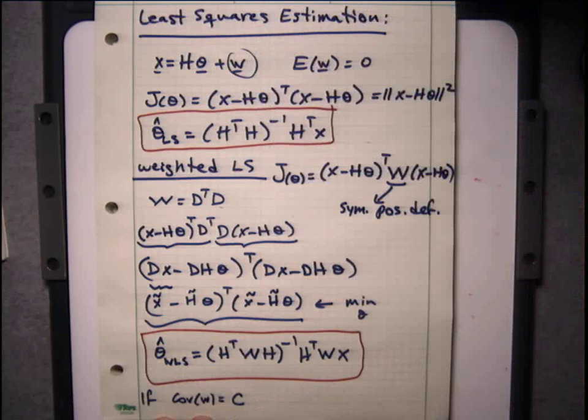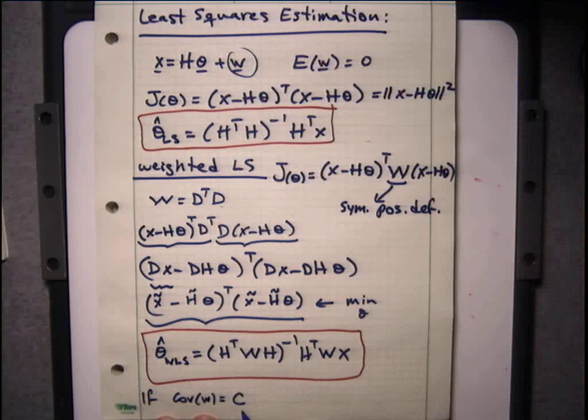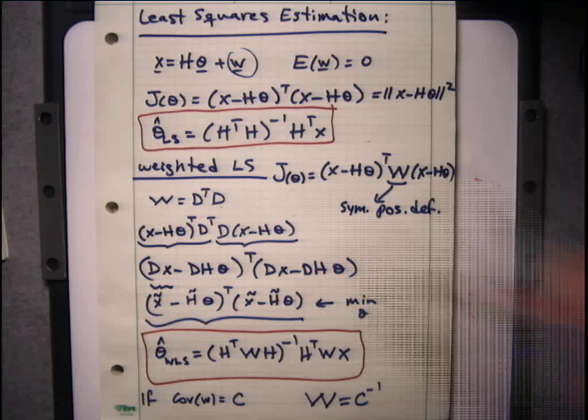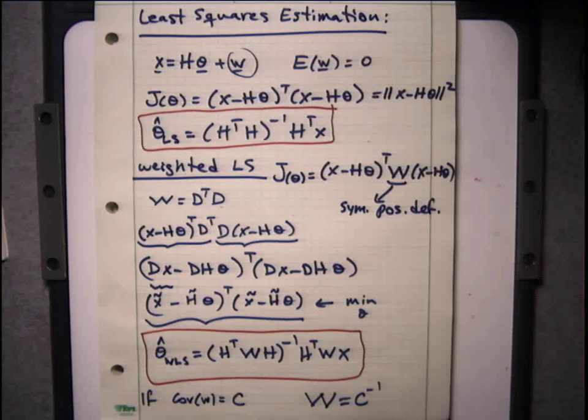If this is C, then this big W simply plays the role of C inverse. So this weight is simply C inverse. And then this estimate becomes what you had before, which is the minimum variance unbiased estimator when the noise here is Gaussian zero mean with covariance C. This is from a couple of lectures ago.